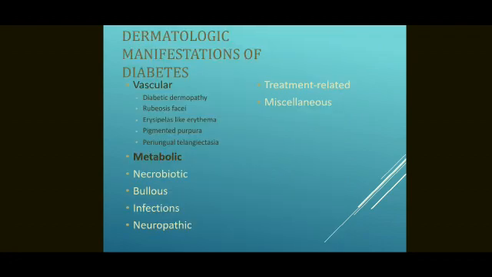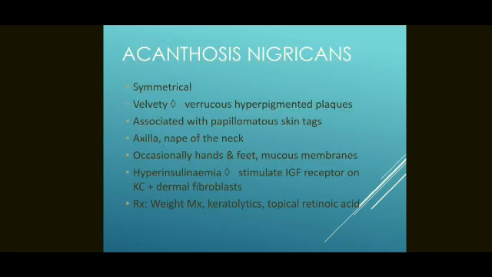Now coming to the metabolic manifestations of diabetes. Most common is acanthosis nigricans. It is symmetrical in presentation, clinically presenting as asymptomatic velvety verrucous hyperpigmented plaques associated with papillomatous skin tags, seen in the axilla and nape of the neck, occasionally on the hands and feet and mucous membranes.